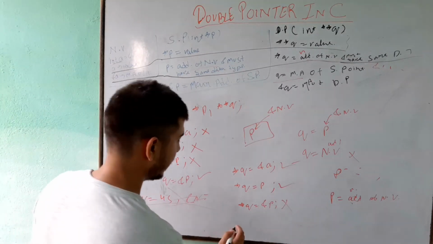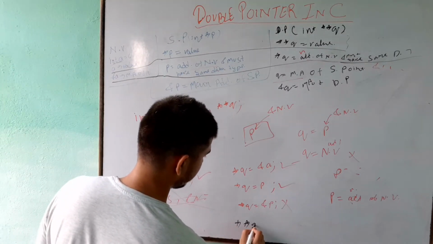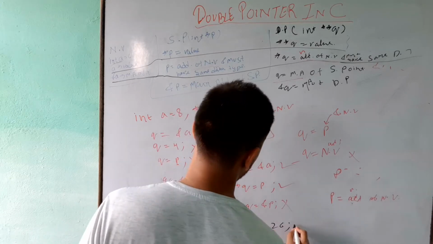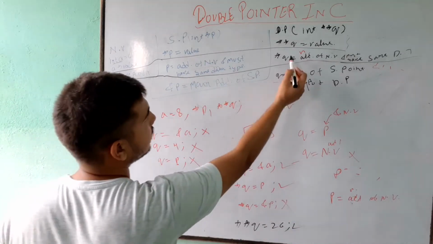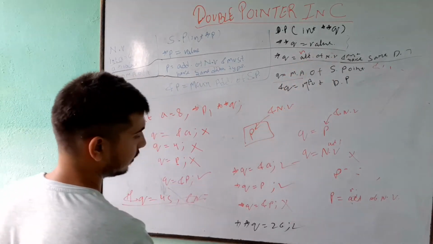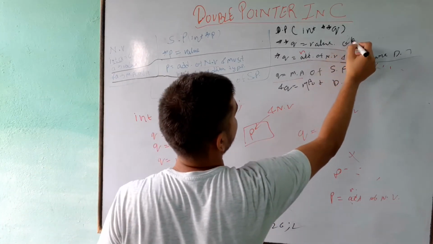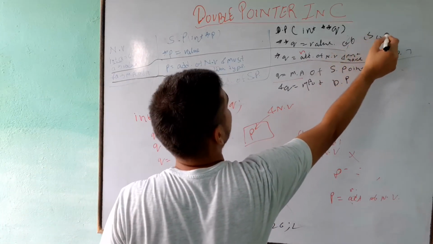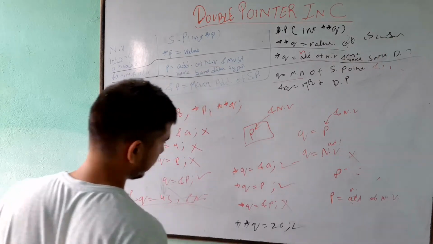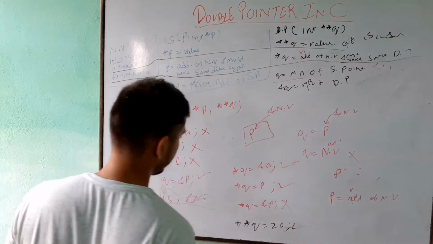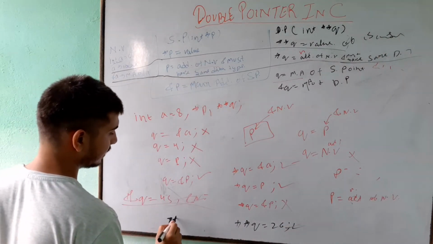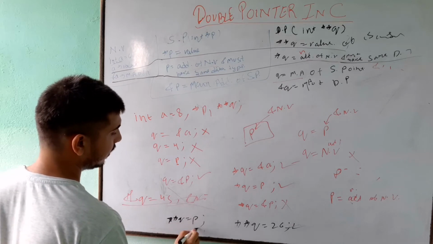Now let me ask, is this okay? Yes, this is okay. Why? Because **Q should have a value, and it is holding a value of the same or a compatible data type. This is holding the value, so it is right. If I am saying *Q and assigning it, now what is P?